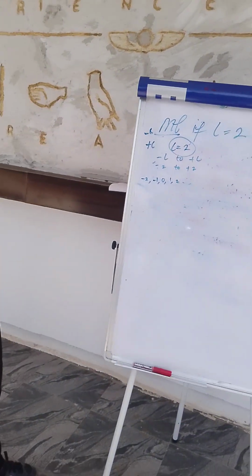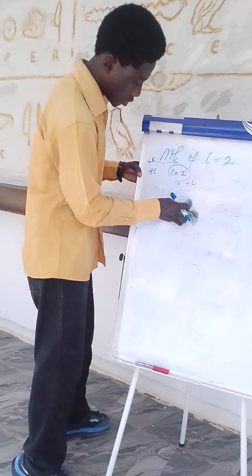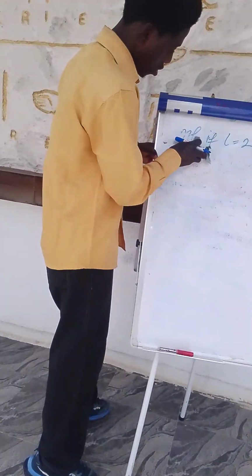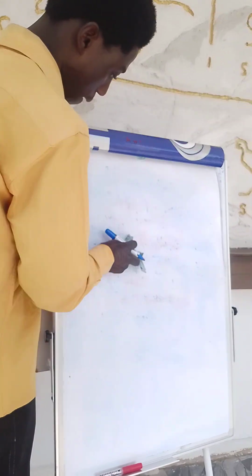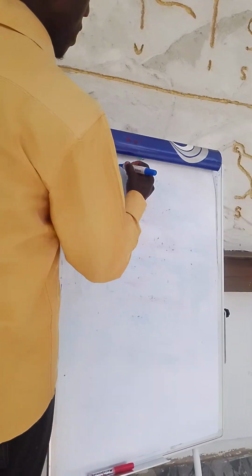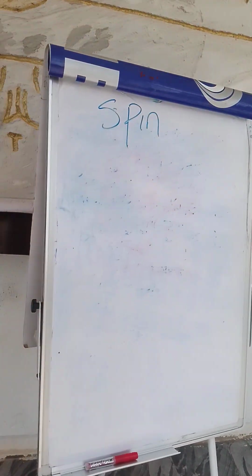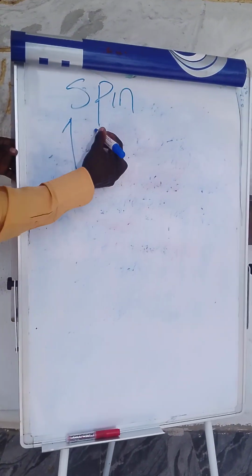Let's go to spin. I think that's the fourth one. Spin is very, very simple. It's actually telling us the direction of our electron, whether it's going up or coming down.